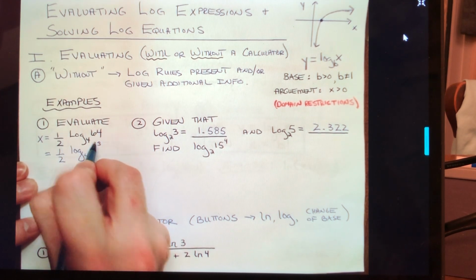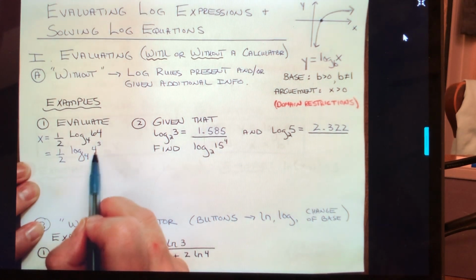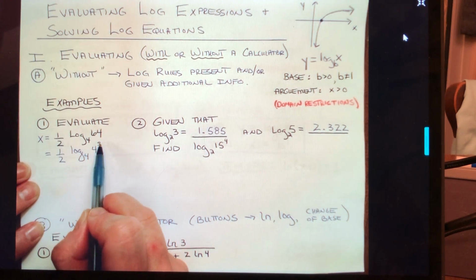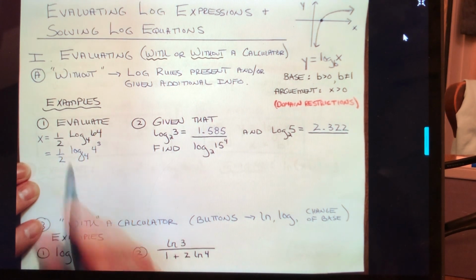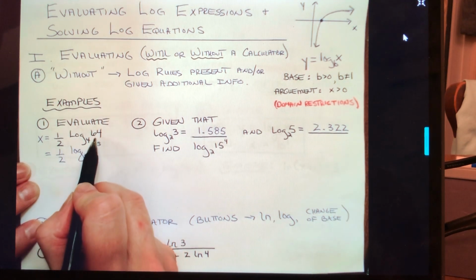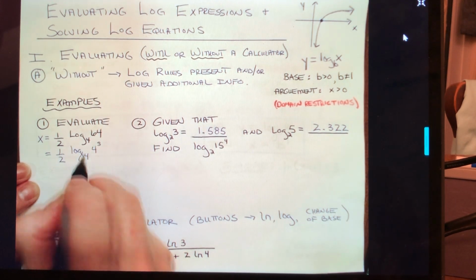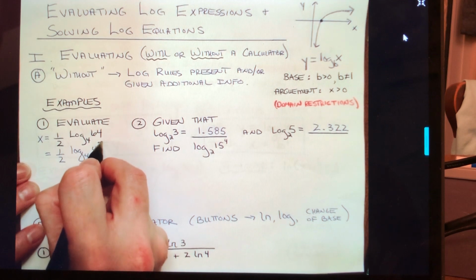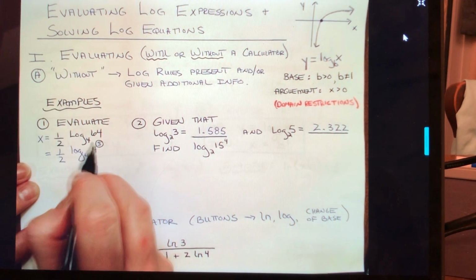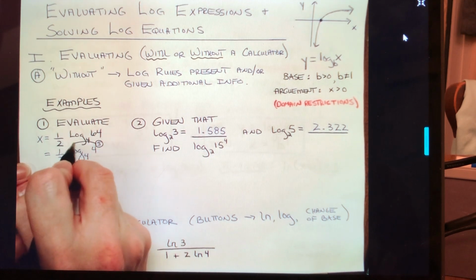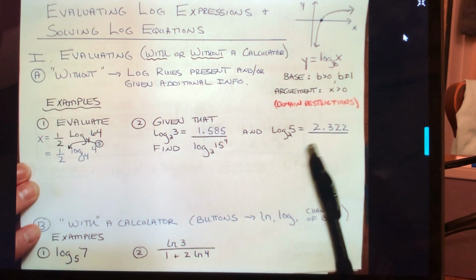If you're not sure about that, you could get your calculator out and just start checking things. What is 4 squared? What is 4 cubed? What is 4 to the 4th? And see if you can find one that matches 64. Now that we've identified how to write 64 as 4 to a power, we get to use that log rule where we can take that power that is in that argument and we can drop it down into the front of that log.